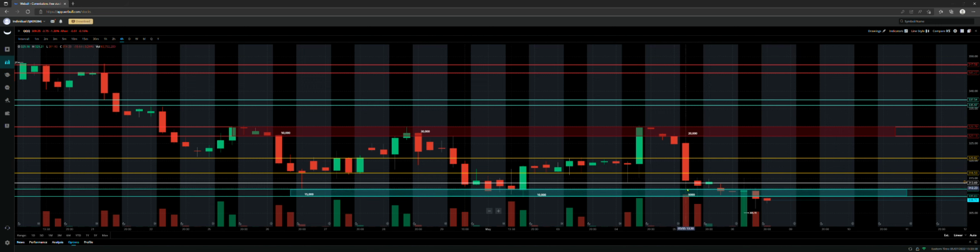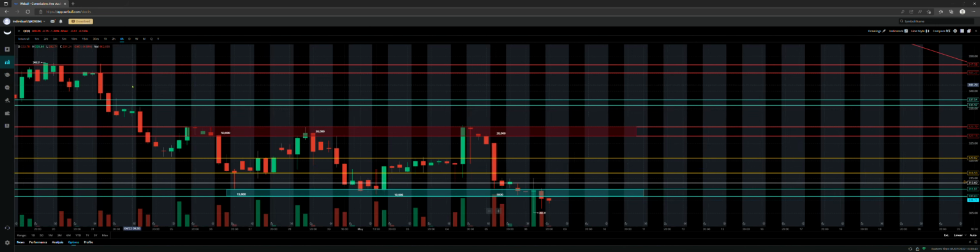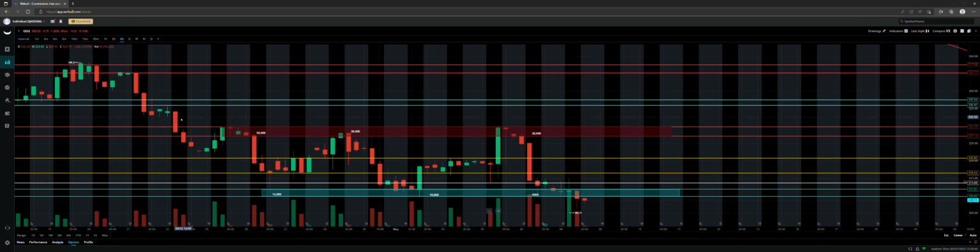Once they're filled, that's it, and you will see that buzzsaw effect like this where price just runs, because there are no orders left to stop it. So that's what happens when a zone gets wiped.